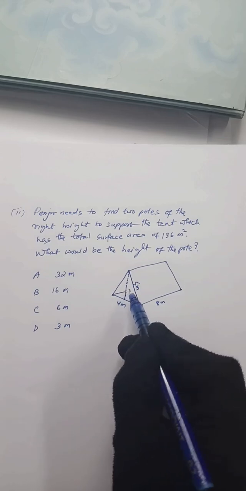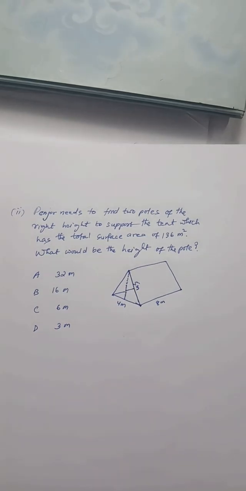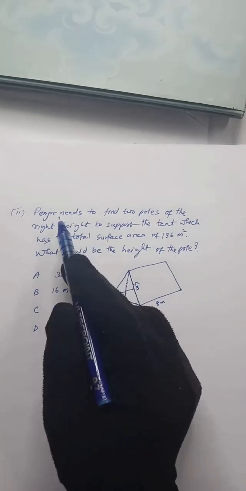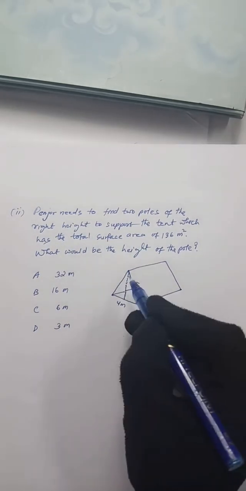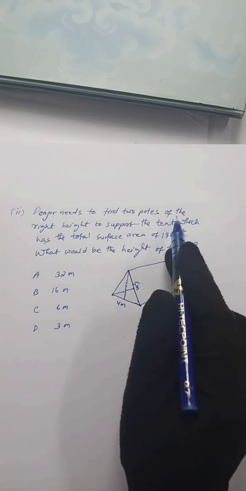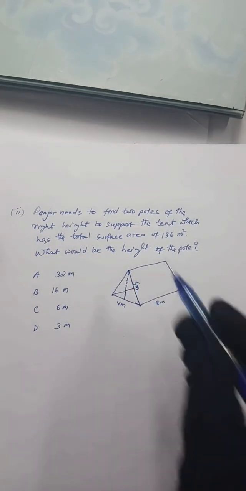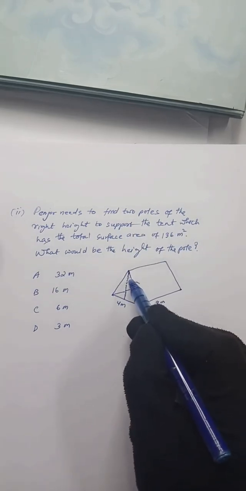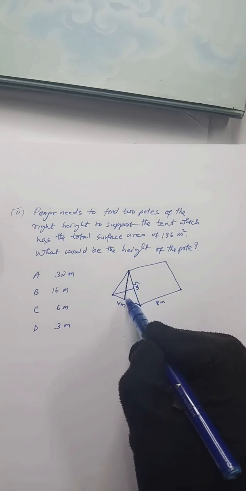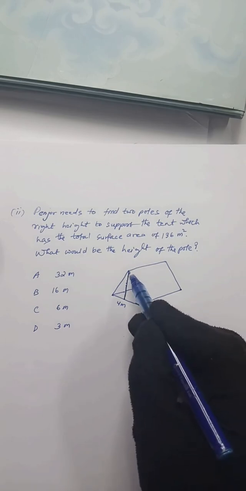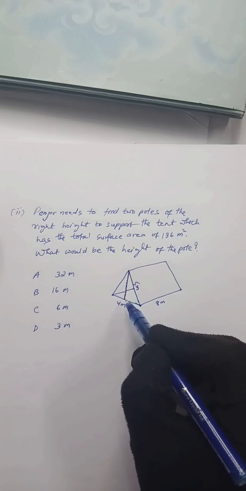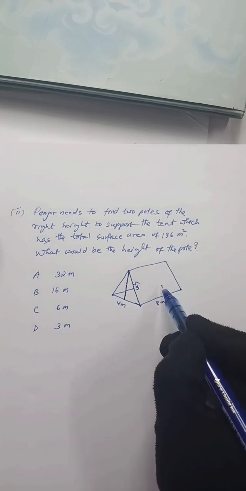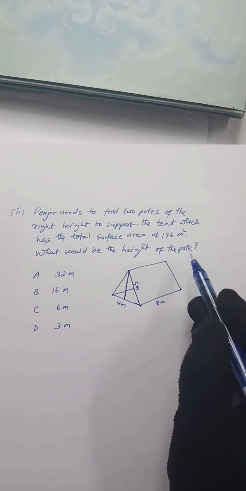We need to find two poles of the right height to support the tent. If you want to pitch this tent, you need a pole to support, one on this side and another on the opposite side. You need two poles.